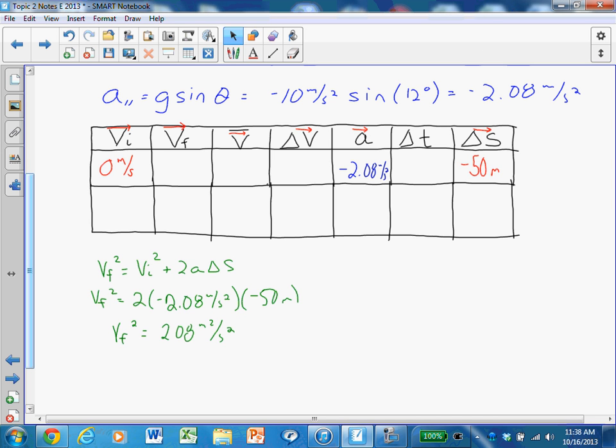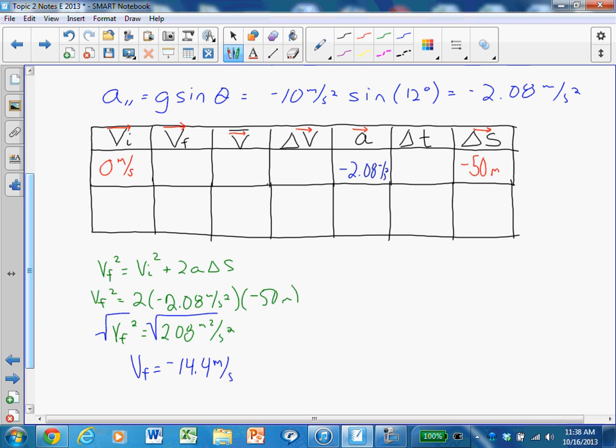Now what do I do? Square root it, right? 14.4. Now is it plus or negative? Negative. Good. Because we're going down, right? Sometimes it depends how you define your plus y and negative y.